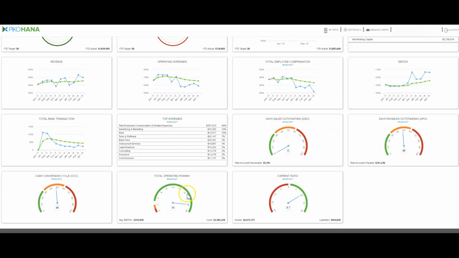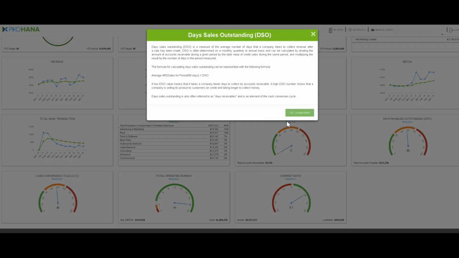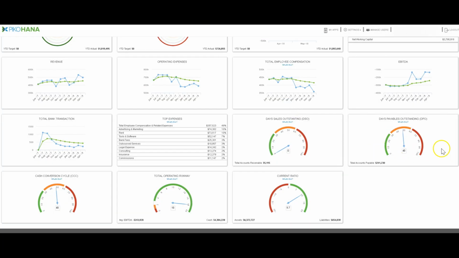You can also see there's a top expense KPI here with your DSO, which is, again, the days sales outstanding, which is the average time it takes you to collect a client invoice. And the DPO, which is the days payable outstanding, which is essentially the time it takes you to pay your vendor invoices on average.